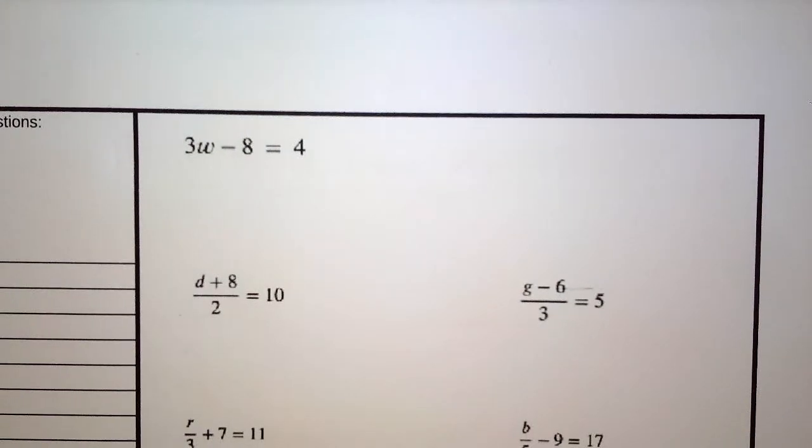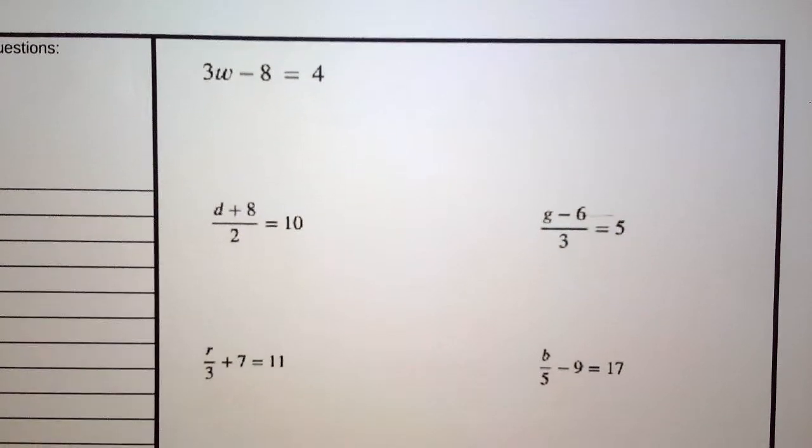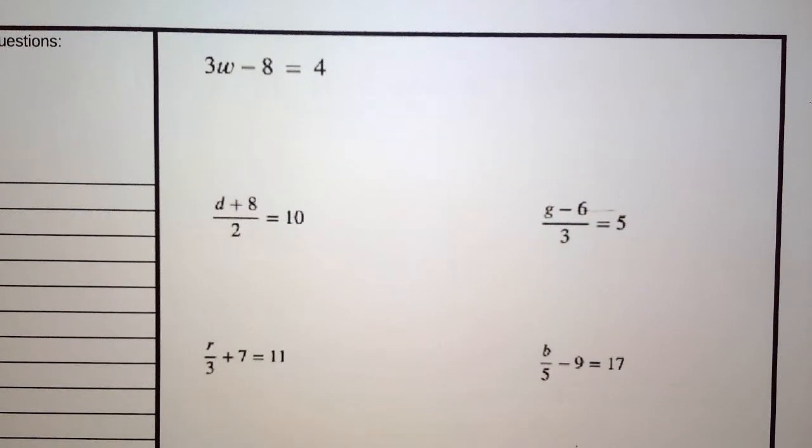Okay, I want you to try the next one on your own. Can you get started? Can you read it to yourself and decide what was done last? And how do I undo that last step?